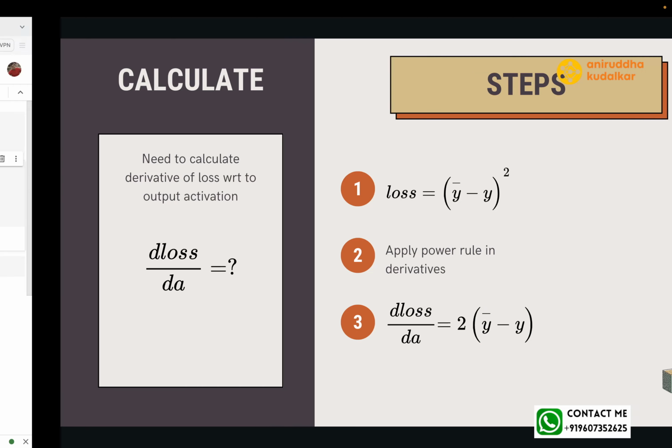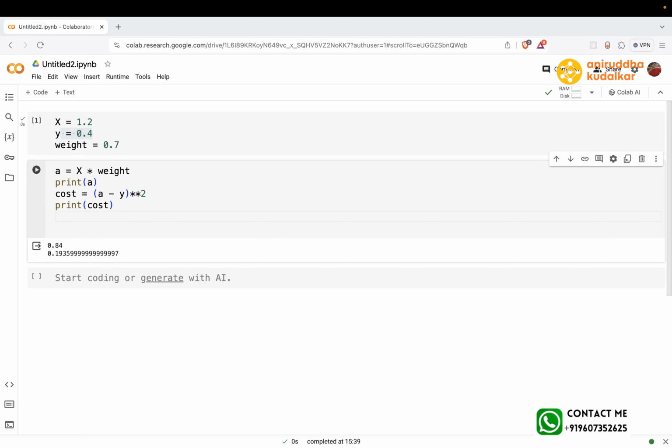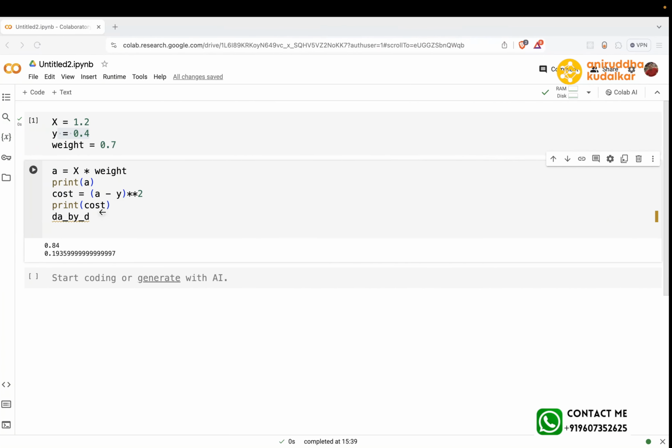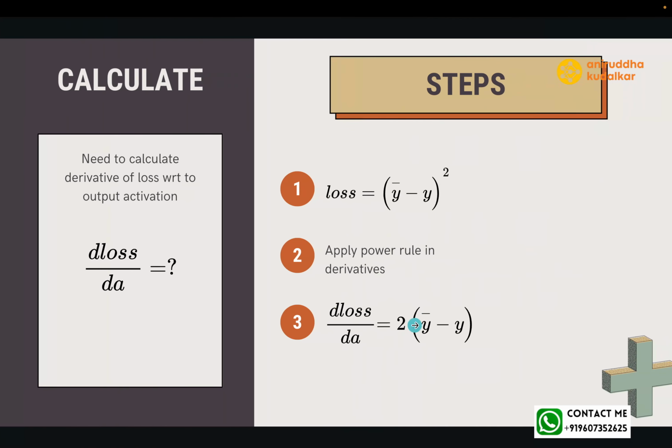Okay. Now let's first get the derivative of this. Derivative of loss by weight, what's the formula? 2 into (y dash minus y).